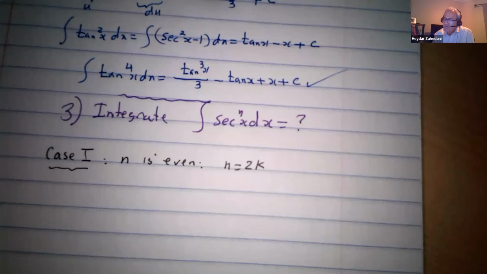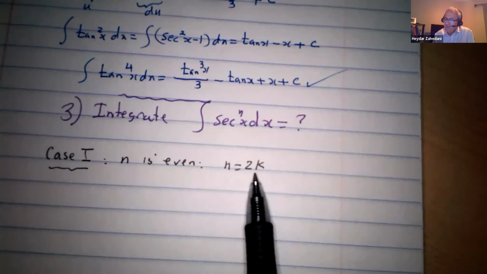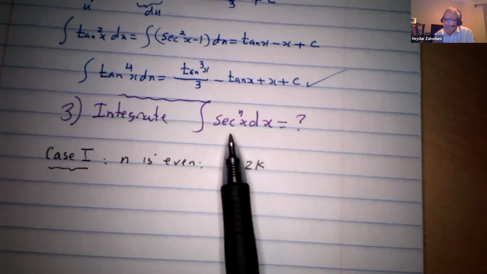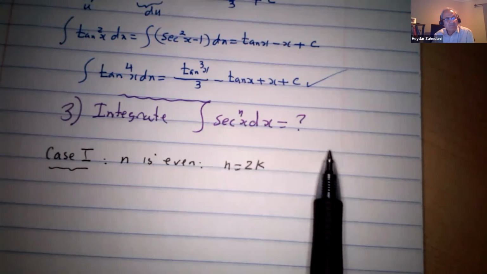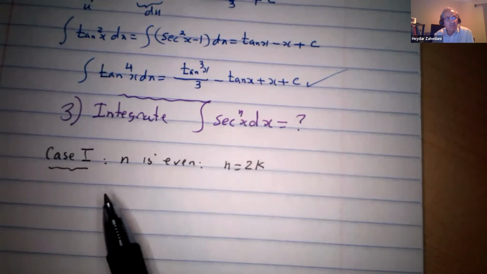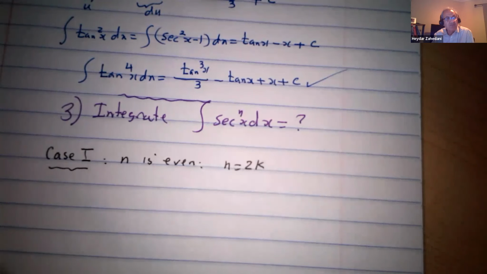So what we are going to do is, when it's even, remember for the even power, we pull out one secant squared, that would be u prime. U prime for what? For tangent. So you change everything else to the tangent.